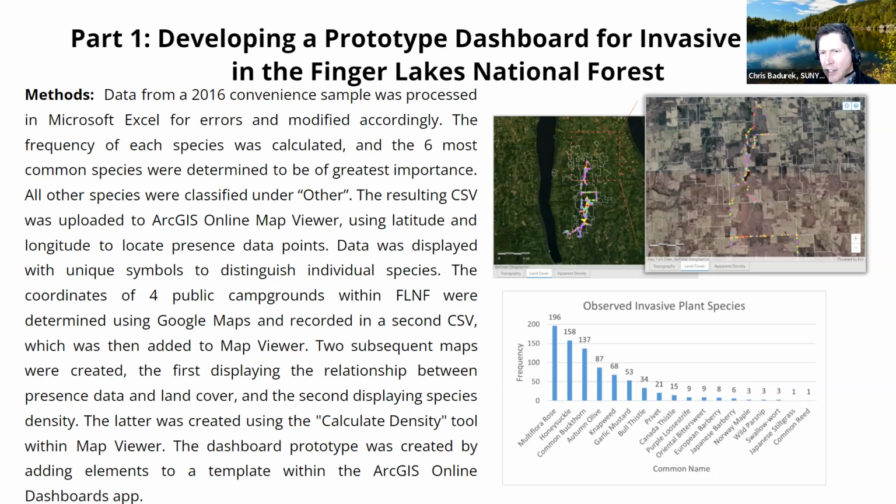As part of that project, we were thinking that in an ideal world, we would be able to portray this information to the public, so that people who are hiking through this national forest or camping, because camping is allowed there, and other environmental organizations that might want to participate, would benefit from being able to see all this directly in a web-based interface, right? So we'll take a look at the next slide here.